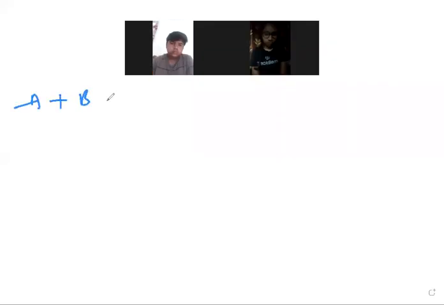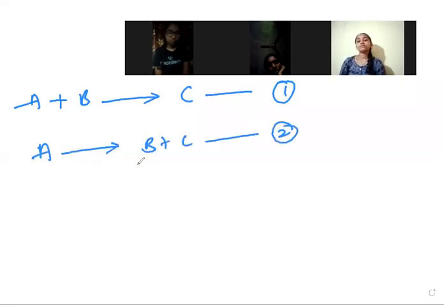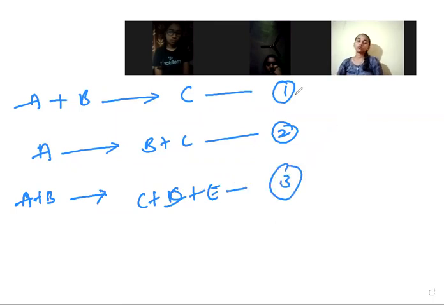For example, we have A plus B gives C, and A gives B plus C, and A plus B gives C plus D plus E. This is the first equation, A plus B gives C; the second equation, A gives B plus C; and the third equation, A plus B gives C plus D plus E. In the first equation we have two reactants and one product.